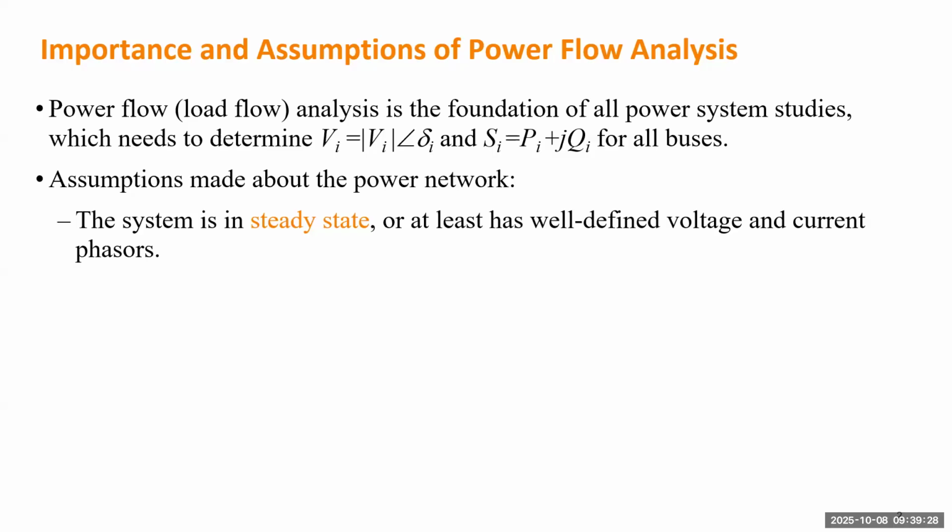We assume that omega is always 2 pi times 60 hertz, right? But in some studies, the frequency will change around 60 hertz. As long as the change is very small, it doesn't affect the concept of voltage phasor. We still can utilize voltage or current phasors to represent the waveform. So we still can do the power flow analysis on such a model.